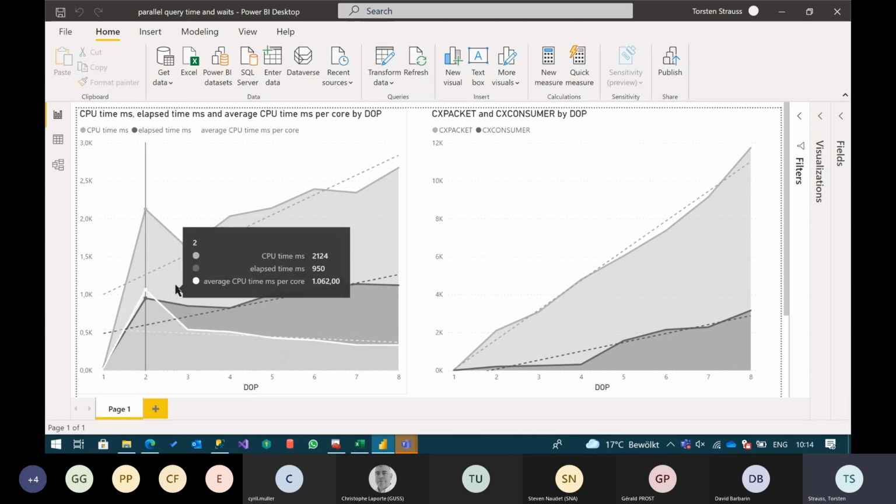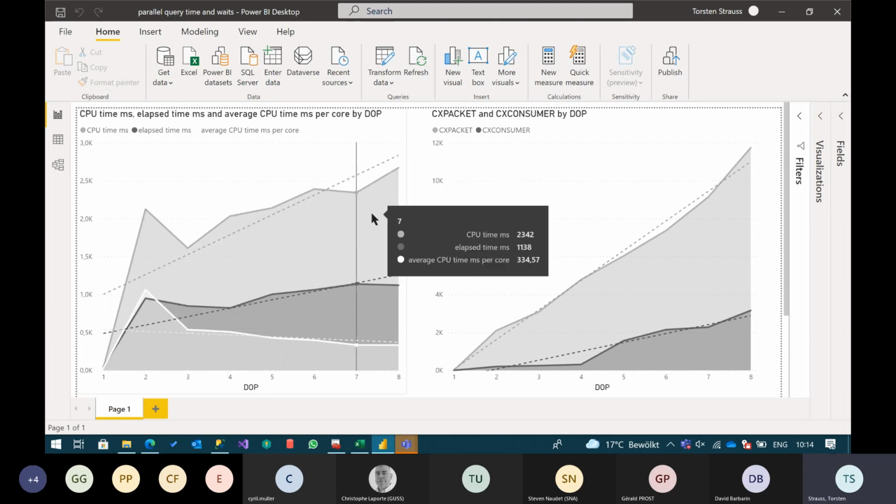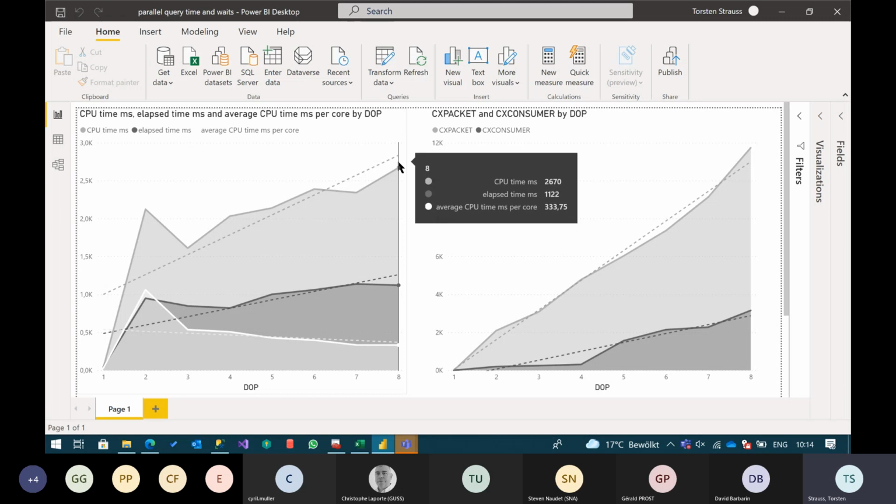When we compare this with the maximum degree of parallelism 8, you can see the CPU time it takes is now 2.5 seconds and the elapsed time is 1 second. That means this query is definitely running much, much slower the more threads you allocate to the query. And now you wonder why.